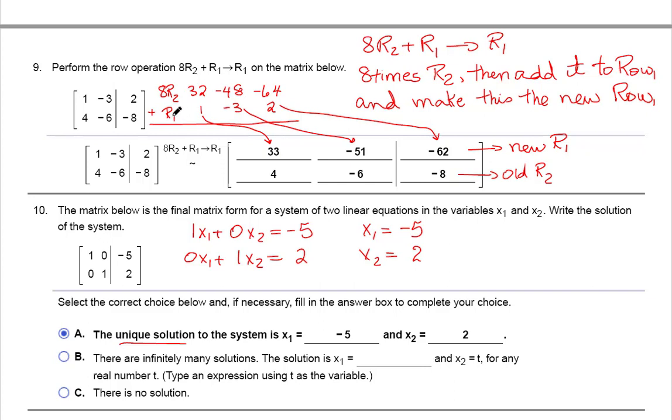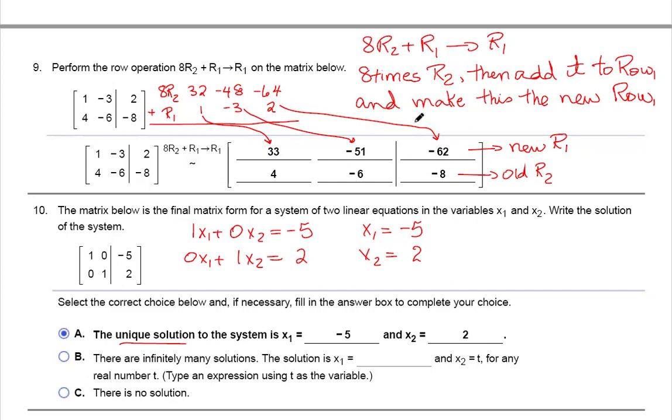Row 1. Well, row 1 is 1, minus 3 and 2. And so now add them up. 32 and 1 is 33. Remember, it's going to become my new row 1. Minus 48, add a minus 3 is a minus 51. Minus 64, add 2 is a minus 62.